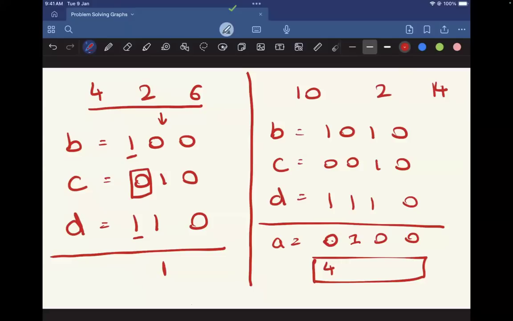Then, guys, this would also become 1. This would also become 1. And do you agree 1 minus 1 would give me 0? Yes or no? You might have thought that we might need some kind of carry or something like that. But do you see carry does not happen at all?